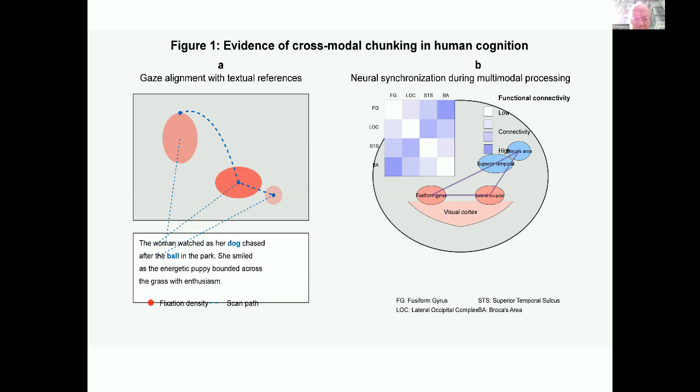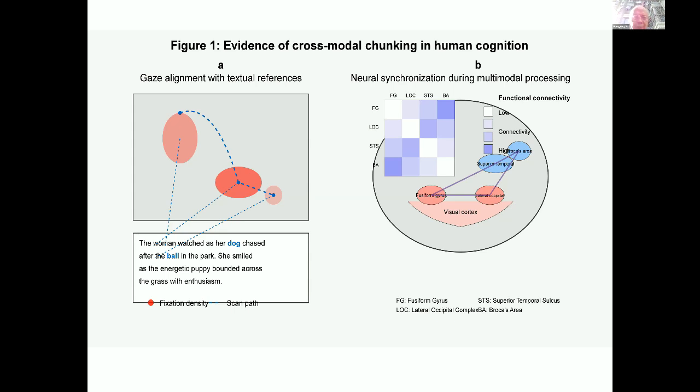The color intensity represents the strength of functional connectivity between these regions. Because of time, I don't have enough time to explain all the details.